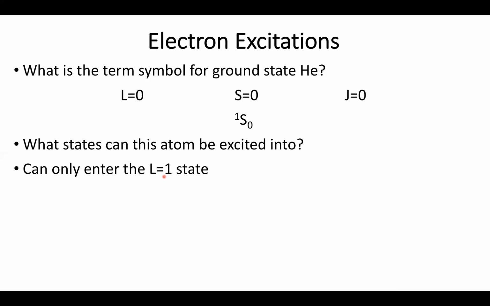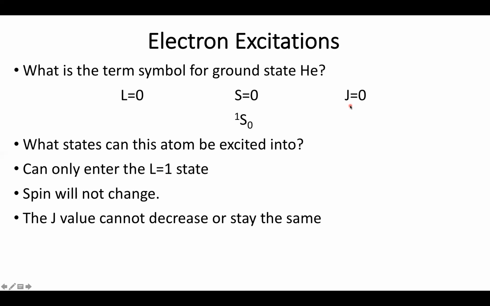And because this is an electron excitation, spin can't change. So this means I'm looking likely at a singlet p. And now I have to bring in my J rules. So J certainly can't decrease because I can't have a negative J value. And with a value of 0, it certainly can't stay the same either. So this means that my J has to go up to a value of 1.